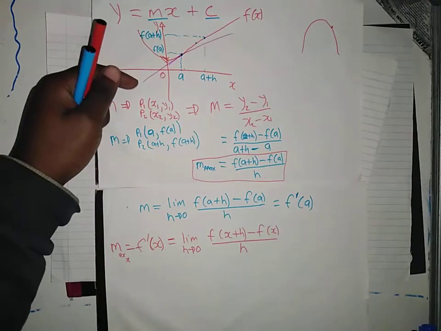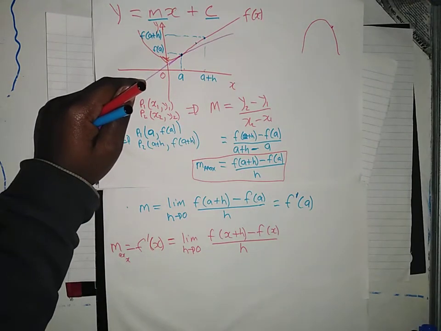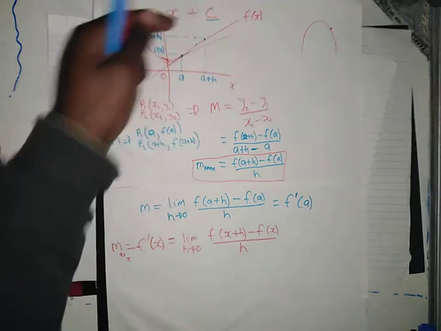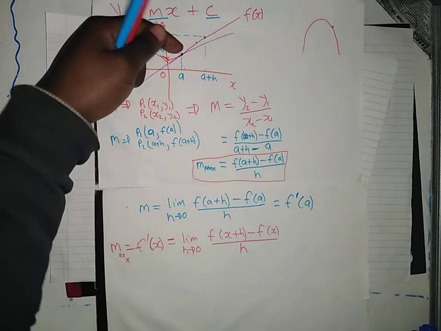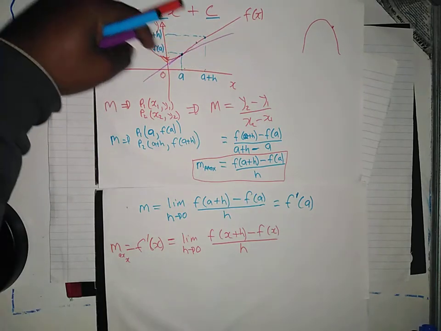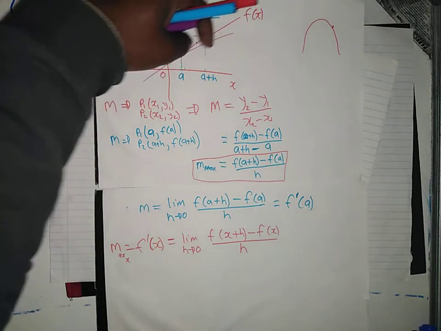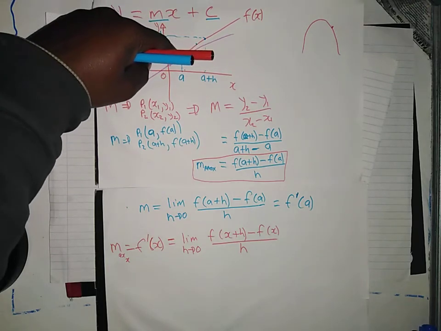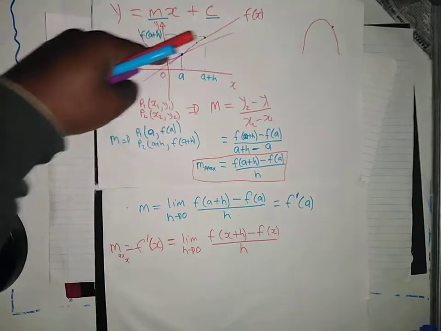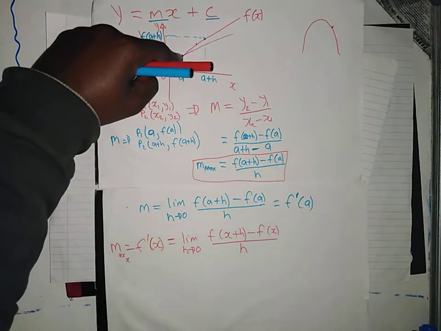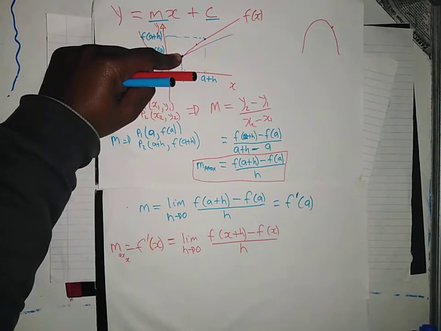So if I have a gradient, and then I've got this function, then the gradient of this function at this point is the same as the gradient of this line at this same point.